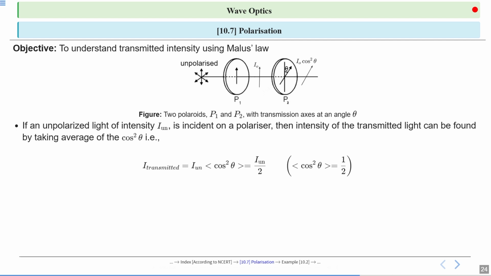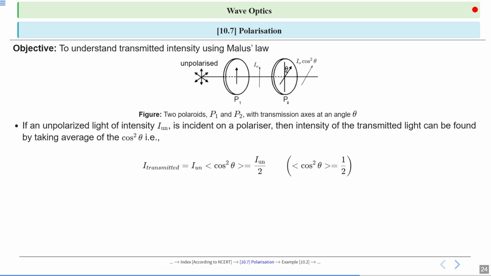The oscillation is in all directions, so theta will have many values, and we will take the average of cos square theta. We know that the average of the cos square theta function is half.